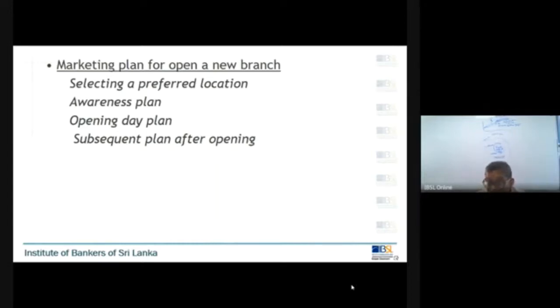So what are the factors you are going to look at, or what are the things you need to incorporate into your feasibility study? For that, first you need to look at the financial needs of the potential customers in that area.